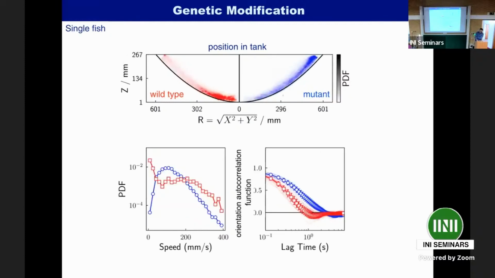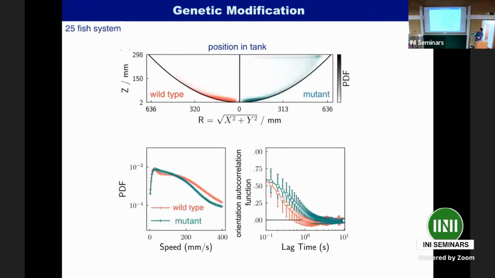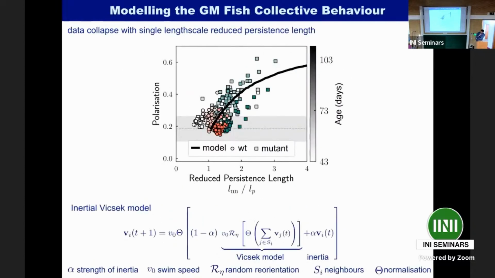This was looking at a single fish, but now if we look at 25 fish, then it's a similar story, perhaps less extreme, but indeed there are still these different distributions of speed, and similarly the wild type turn faster than do the mutants. So from that point of view, can we still describe the mutants with the Vicsek model?